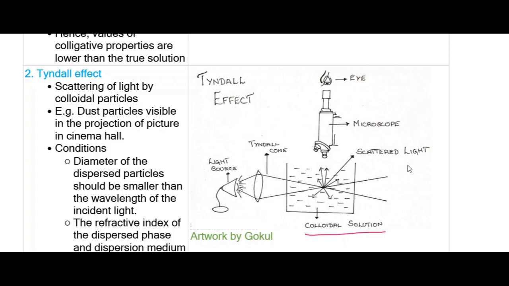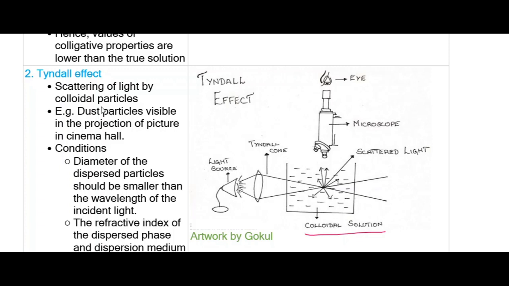This scattering phenomenon can be very well observed, especially under the microscope. So this light scattering effect of colloidal dispersion is called Tyndall effect. Right. And this is the Tyndall cone.